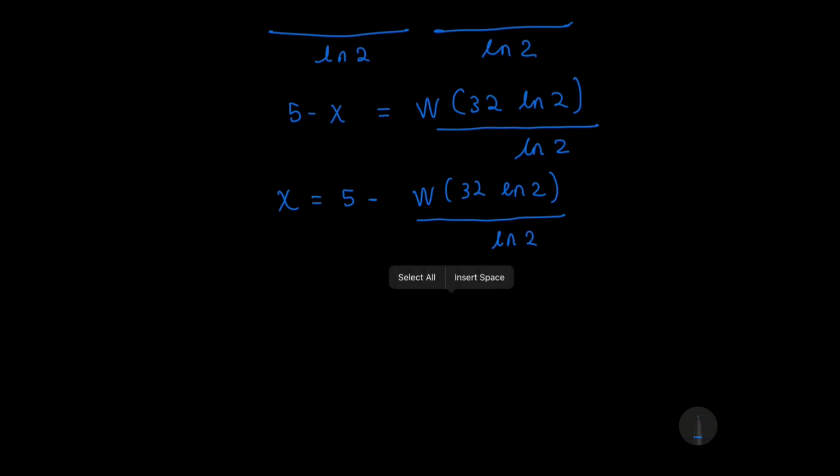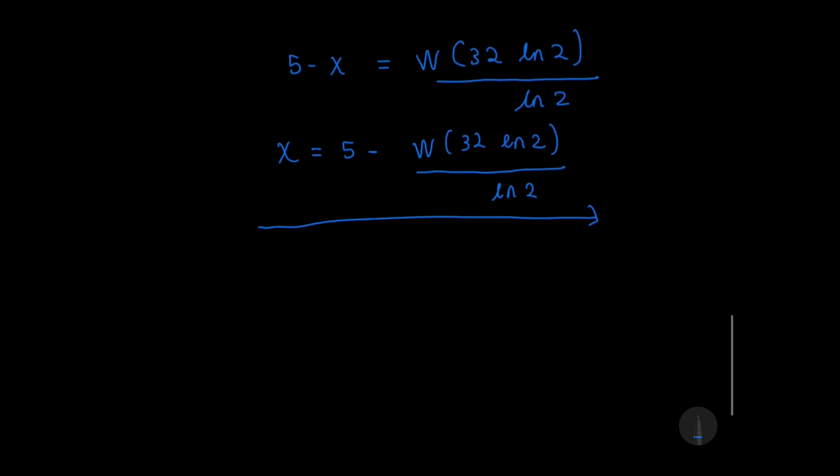You can leave it like this as our solution, or if you want, you could go further and use a product log calculator to find W of 32 ln 2 divided by ln 2, which will give you x equals 1.716 as our solution. But if you want, you can leave this here as our solution.